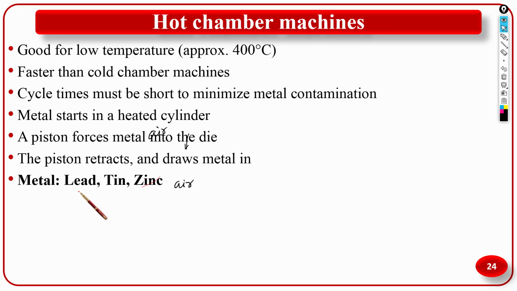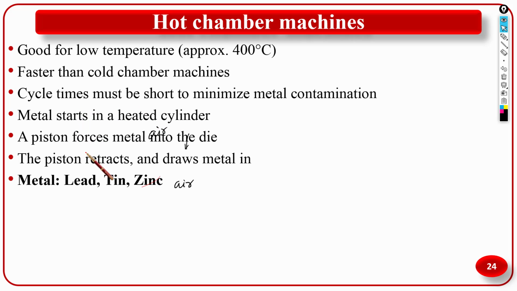Just remember these metals: lead, tin and zinc. Very low melting point metals are casted by hot chamber. Why is this used? I told you, faster, because it is faster, and cycle time is very short.